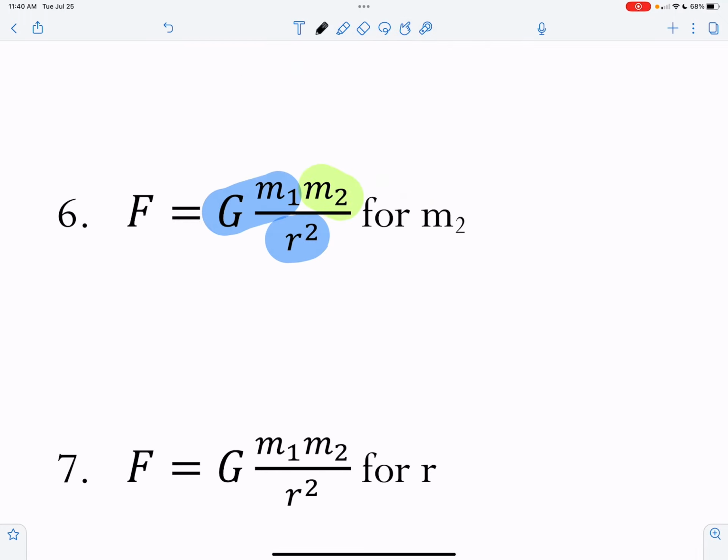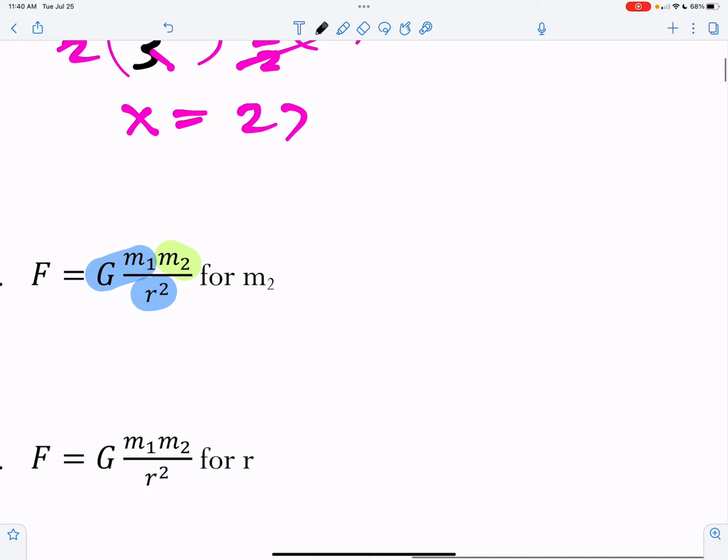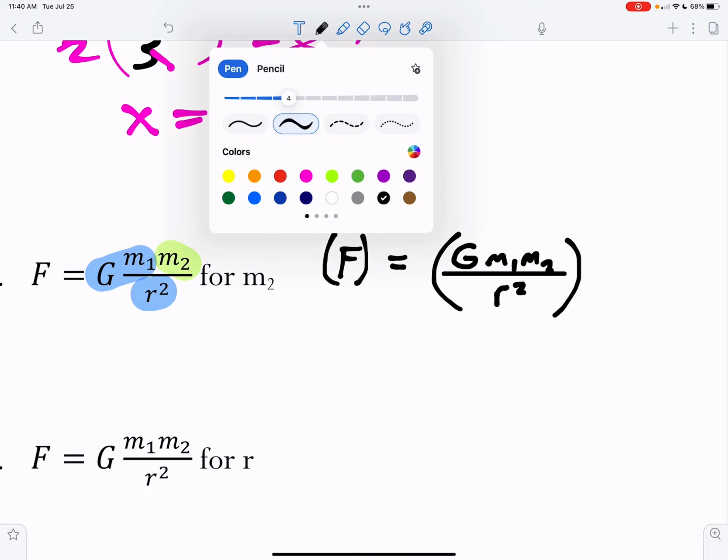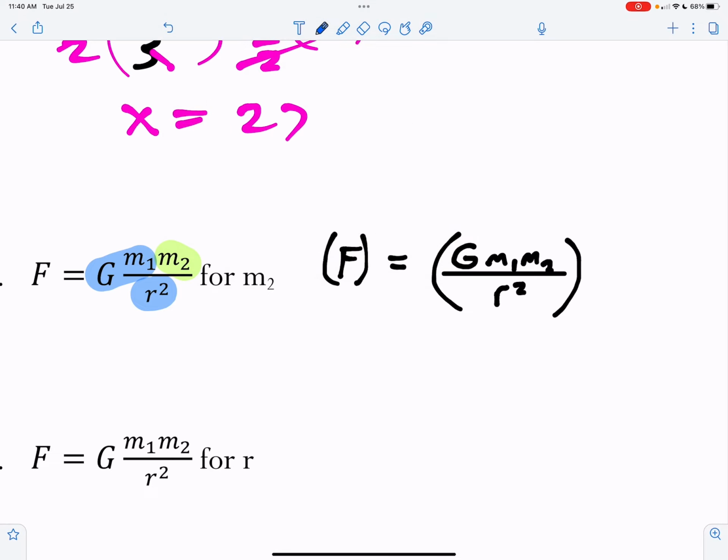So the first thing I'm going to do is rewrite this whole thing. So I've got F equals, but I'm going to space it out a little bit, g m1 m2 over r squared. And I'm going to multiply both sides of this by the reciprocal of what I want to get rid of. The reciprocal of what I want to get rid of is this. That gets me m2 by itself. So what's the reciprocal of g m1 over r squared?